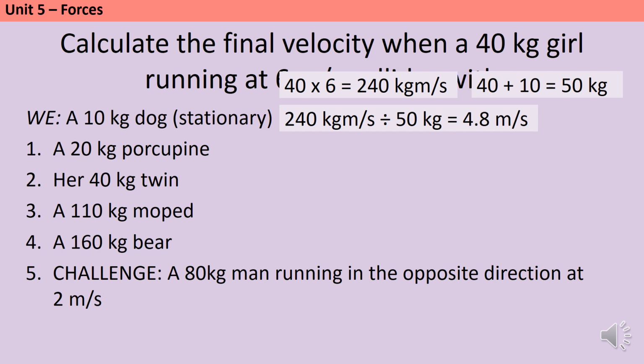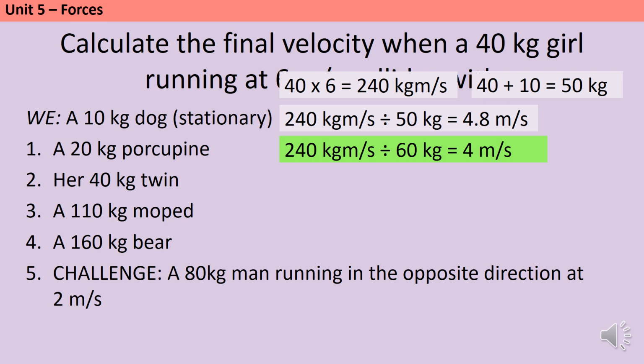Hopefully the first 4 of these weren't too challenging for you because we've already done some of the work in the worked example. So we can carry on using the idea about the amount of momentum that the girl starts with, but now we're just going to need to change the masses that are involved. So when she crashes into the porcupine, I don't know why it was a porcupine, I just googled animals that weigh about 20 kilograms, then there's a total mass of 60, so 240 divided by 60 is 4 meters per second.